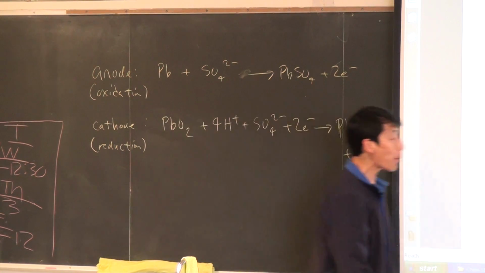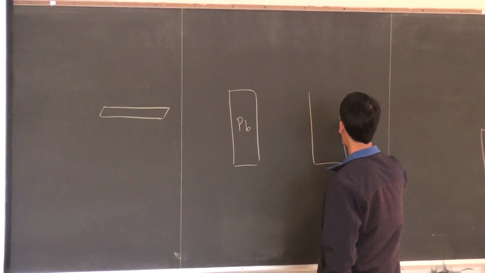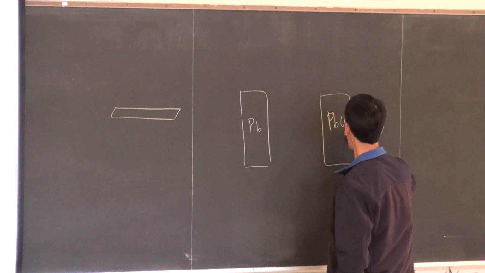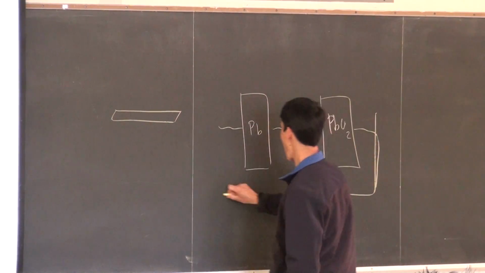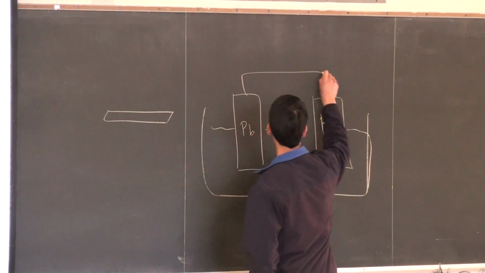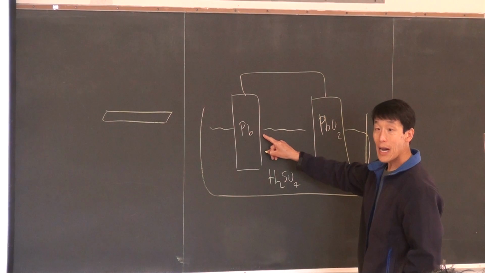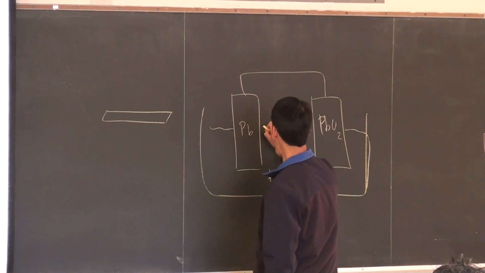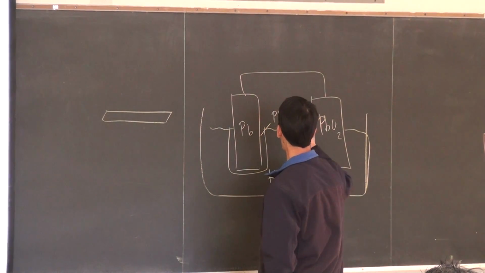Now, what happens in a car battery is, here's your lead electrode, here's your lead oxide electrode. We know that the electrolyte is sulfuric acid. When the lead is being oxidized, a layer of lead sulfate forms on the surface of the lead.